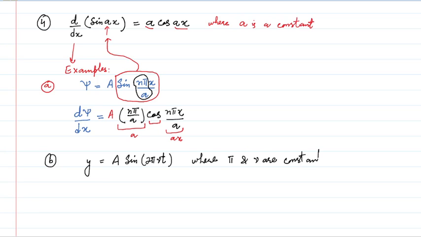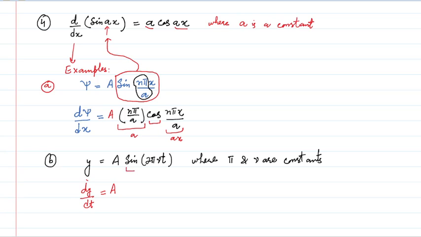It is already given in the question that pi and nu are constants. So again we have to differentiate it with respect to, suppose, this small t. So dy upon dt will be equal to, a is independent of t, we will first write it as it is, we don't have to do anything with this.